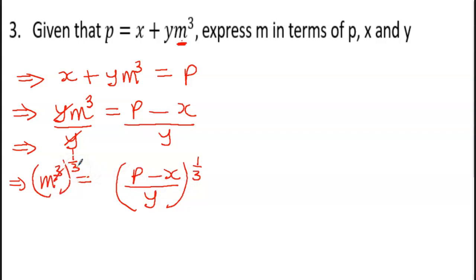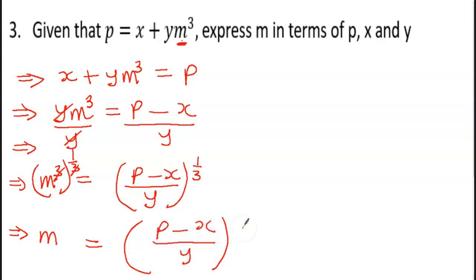So these 3 will cancel, making m equal to bracket open, p minus x on y, all raised to the power 1/3.